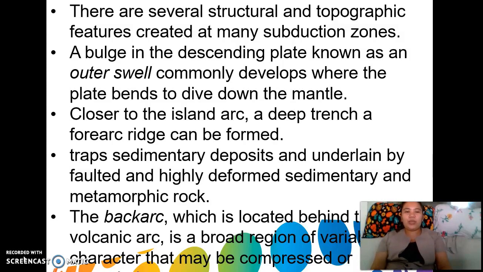The back arc, which is located behind the volcanic arc, is a broad region of variable character that may be compressed or extended. Sometimes if it is extended, you may find rifts, cracks, or fissures on the ocean floor just behind the volcanic arc, or lines of volcanoes parallel to the trench.